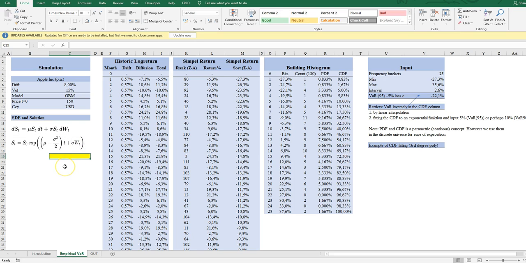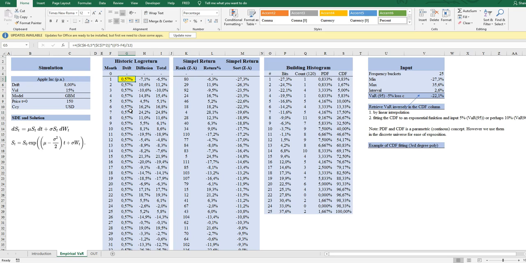We also see that once we have generated the log returns inside the parenthesis here, total log returns, the sum of the drift and the diffusion, we have to exponentialize. So this is what the GBM does on stocks. It creates log returns, and then afterwards we have to exponentialize to get simple returns.